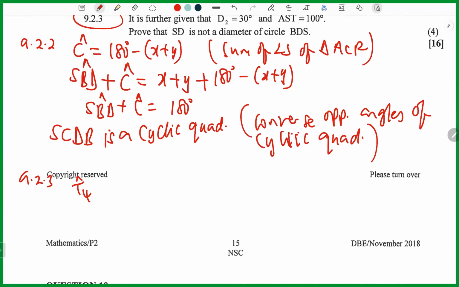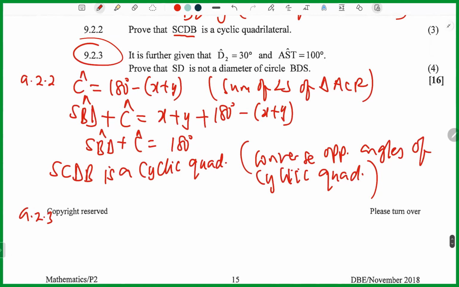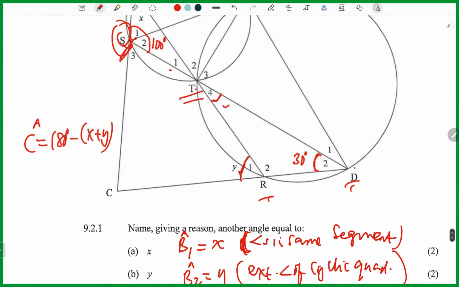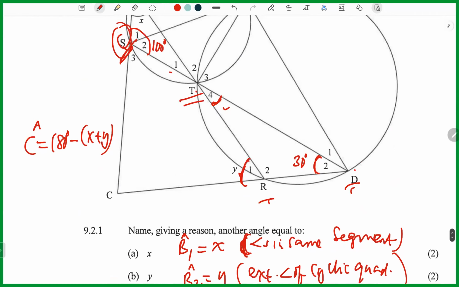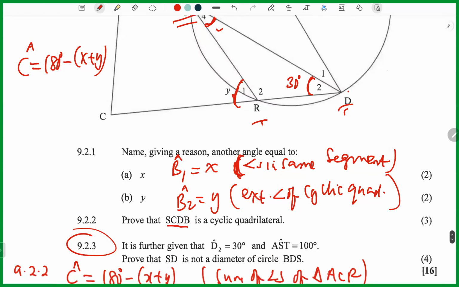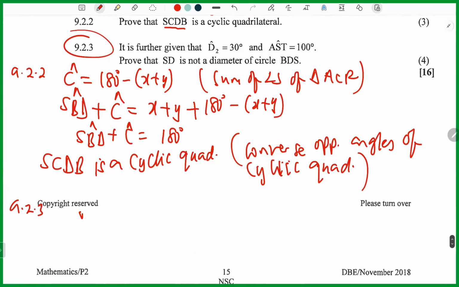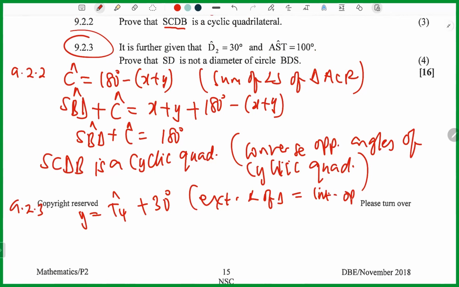Okay, I want to write a little bit more steps here so that you can understand. Because Y is equal to T4 plus 30. So we start by saying Y equals T4 plus 30, exterior angle of triangle equals interior opposite angle.